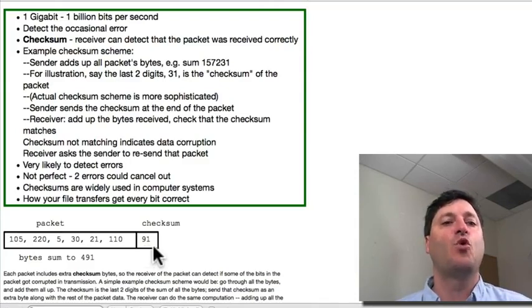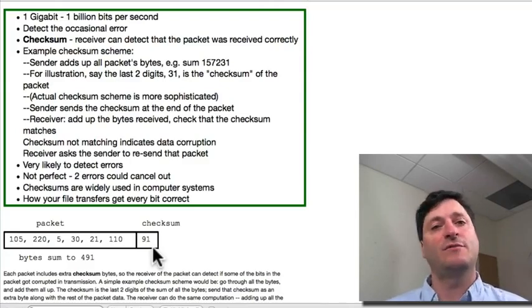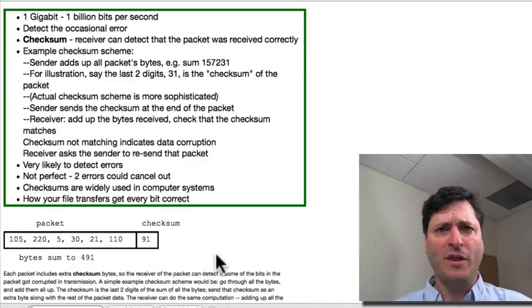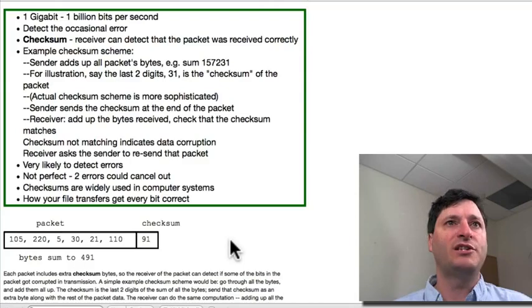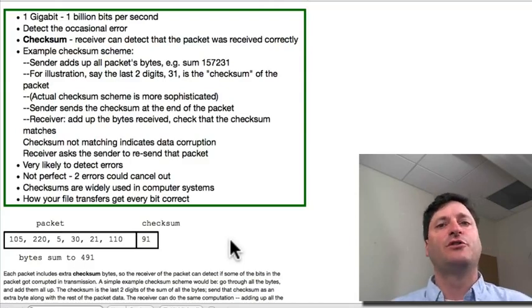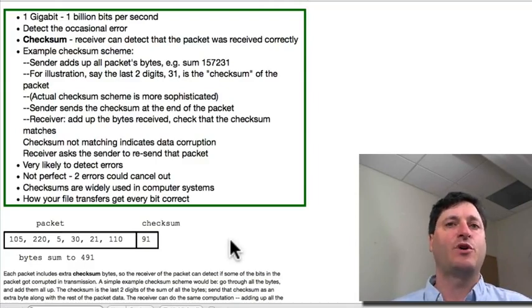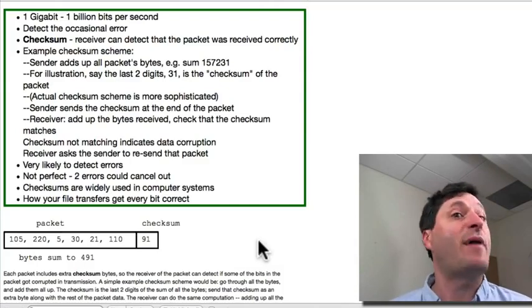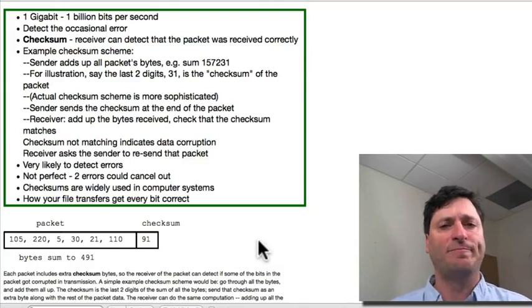So the receiver can just ask the sender to resend that packet. Each packet is relatively small, so this is not a big problem. This provides a little guarantee that each packet came through correctly, and by requesting resends, the receiver can eventually end up with a perfect set of packets, having checked each one.